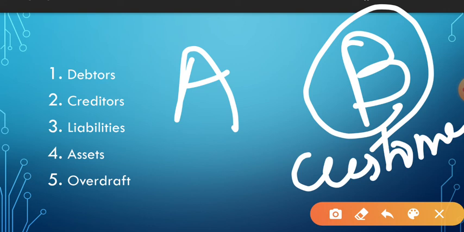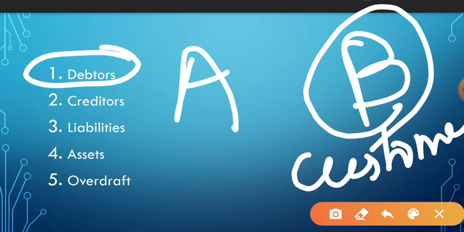Now suppose B has purchased a product and, after purchasing, he paid me immediately. In that case the debtor will not arise, because here the transaction is complete. Transaction means a particular event has been completed, because on the spot the thing is purchased and on the spot the payment is also made, right?